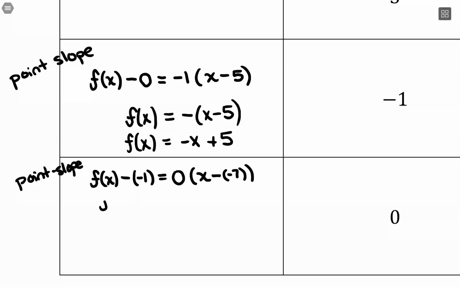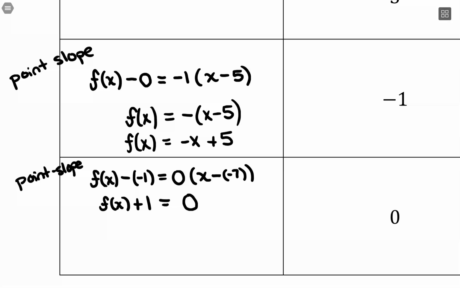So what this comes down to is f of x, and this is plus 1, equals, and 0 times this x plus 7, but since that's all being multiplied by 0, we would just have a 0 there.